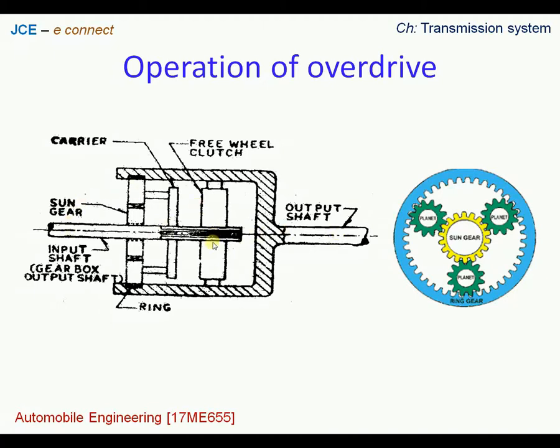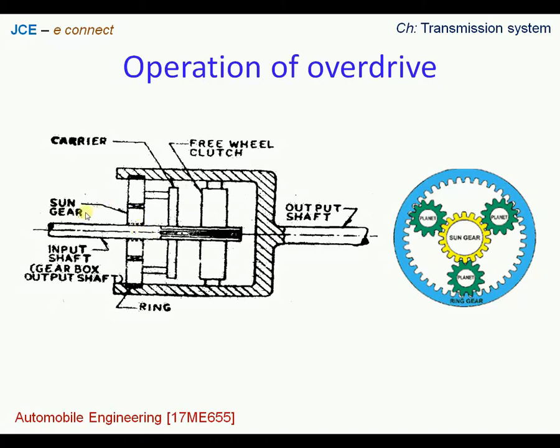So it's unidirectional: it allows the power to transmit from the input shaft end to the output shaft end, but not from the output shaft end to the input shaft end, because on engaging the overdrive, the output speed can increase much higher compared to that of the input shaft. Therefore this freewheel plays an important role here.